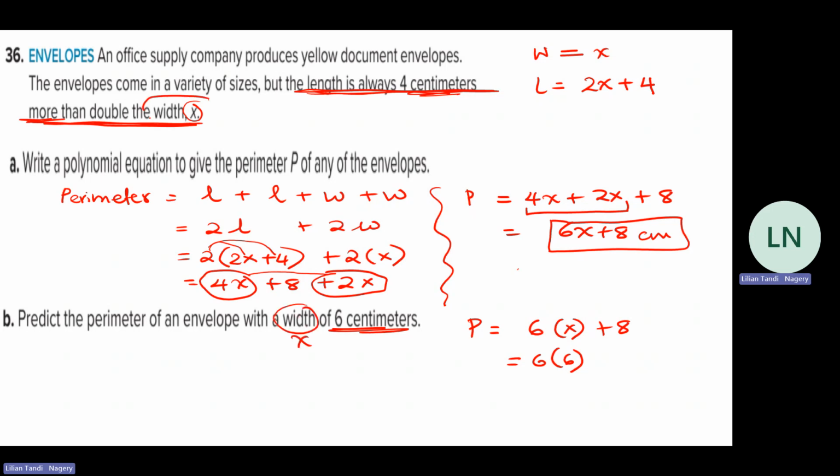Because it's said over here, width is x. Then plus 8, so this is 36 plus 8, and this is 44 centimeters. And you box your answer. 36 plus 8, this is 14, you carry that, and that becomes 44.